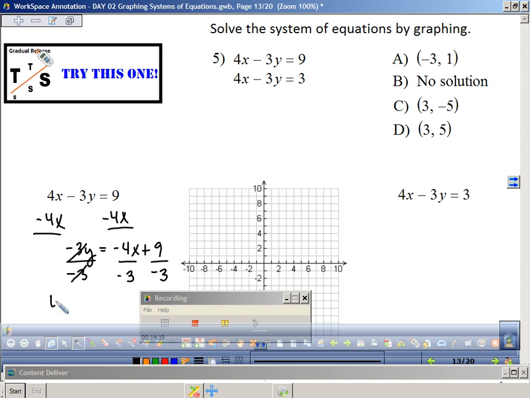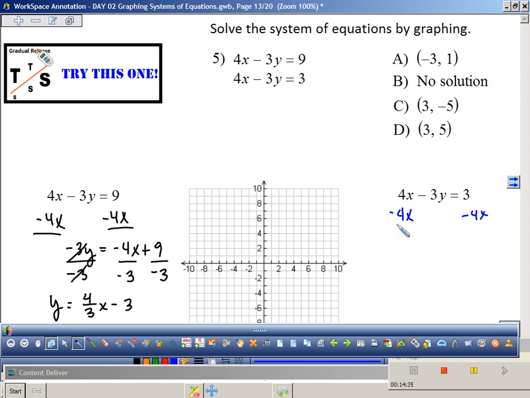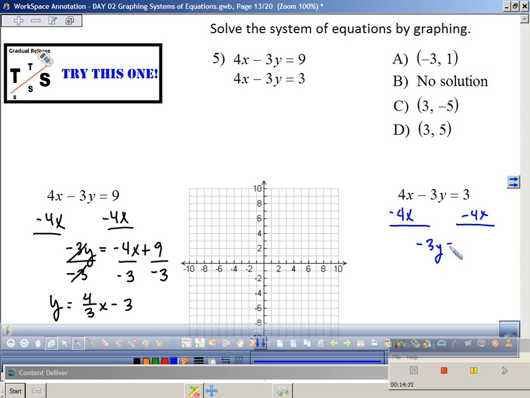And my first line is going to be y equals 4/3 x plus, negative 3. And my second one, I'm also going to subtract 4x from both sides. And I get negative 3y equals negative 4x plus 3. So what's the difference between these two lines?